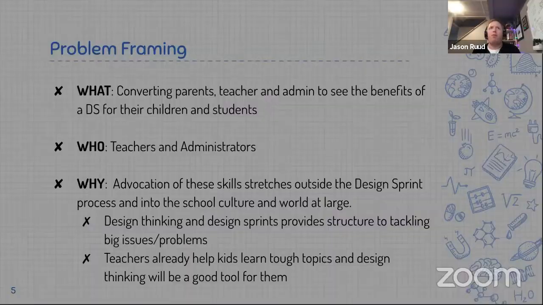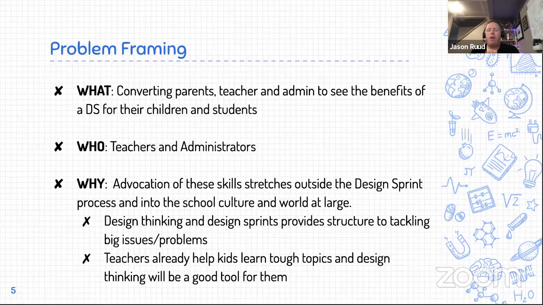As we went through problem framing, we really started to focus less on the design thinking tools that are out there in the community and more on how we can get design thinking into the classroom.